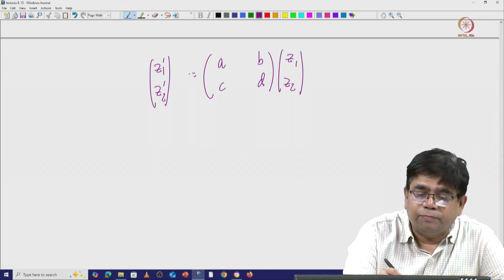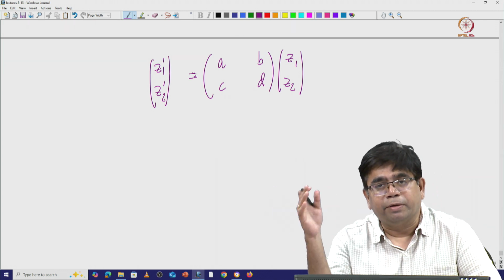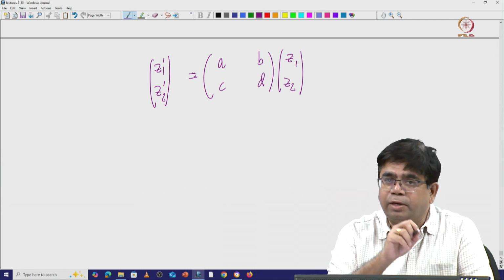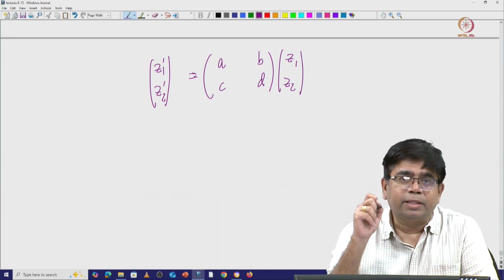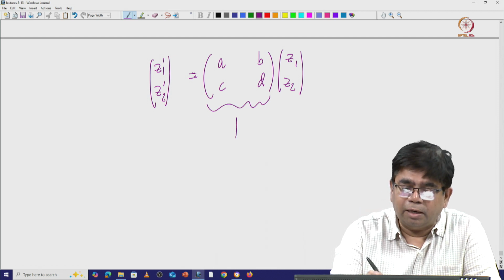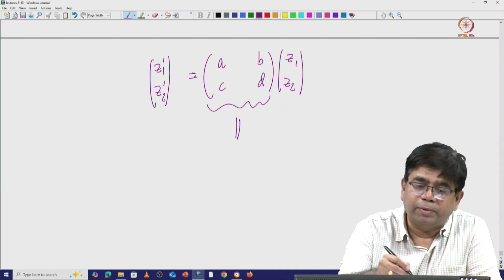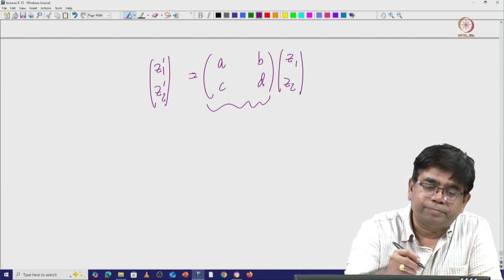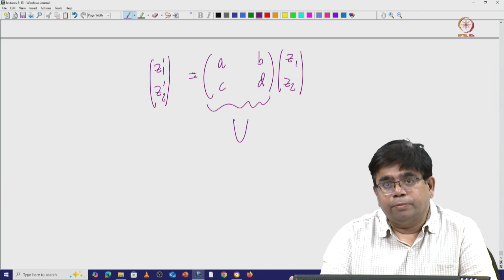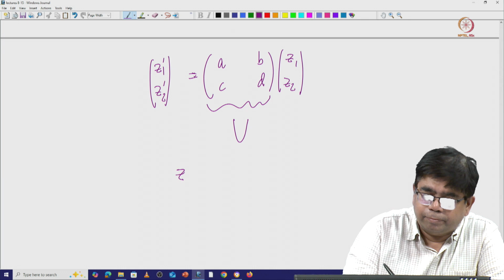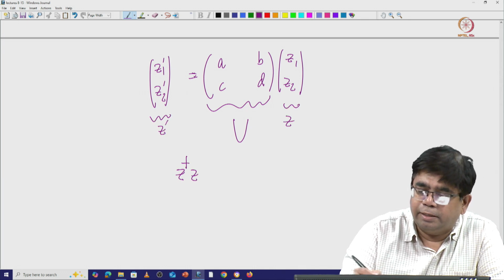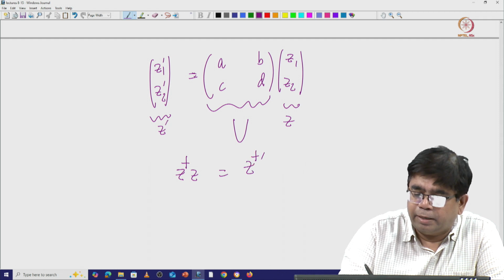In the case of rotations, we said x squared plus y squared, which is the norm, the length of the vector, should be the same. Now we ask what conditions on this R, which we will now call U, are such that z dagger z is equal to z prime dagger z prime.